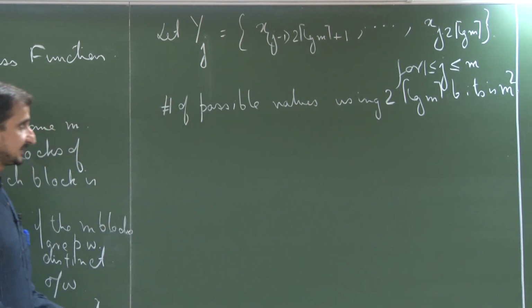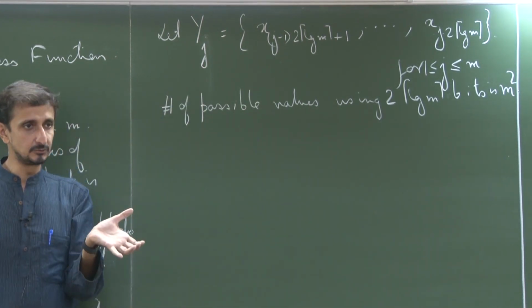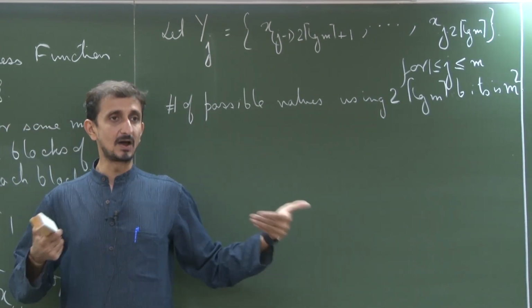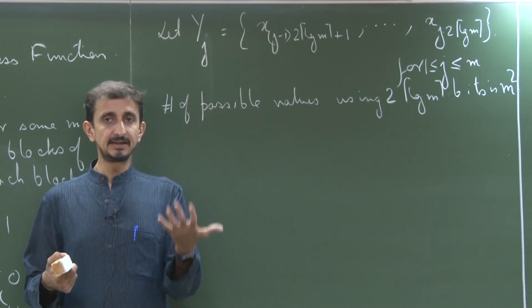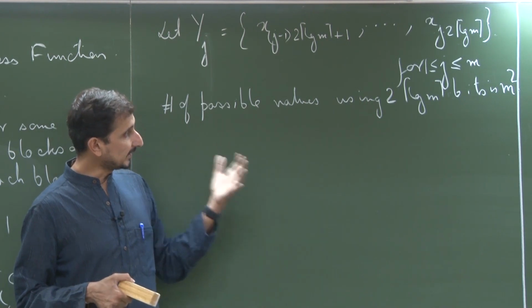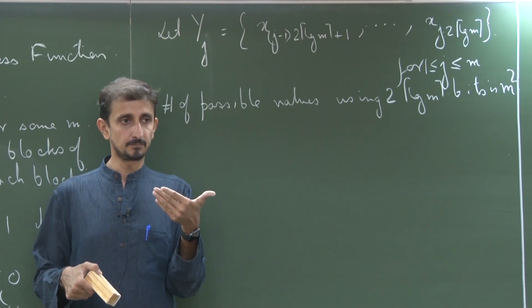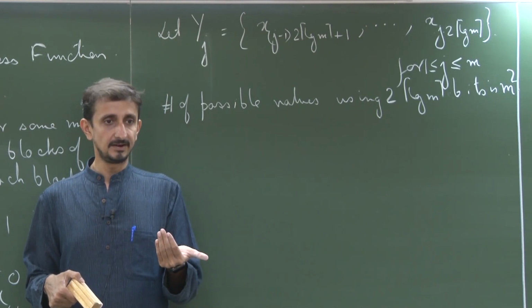I already said that each of these blocks can take m square different values, right. Now, when I fix m minus 1 blocks and only one block is allowed to take different values, what are the various choices for which this subfunction evaluates to 1, or how many different such subfunctions are possible, right.